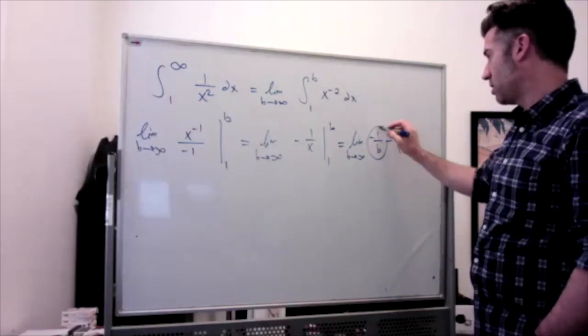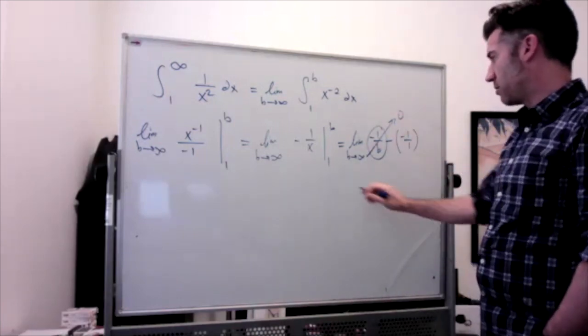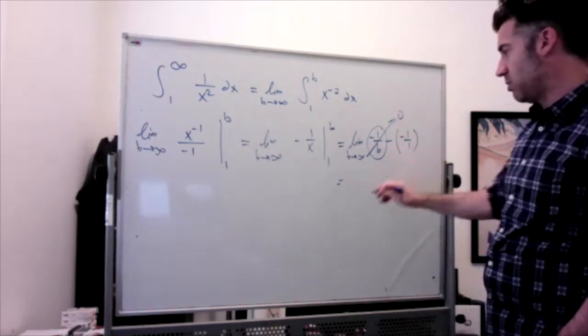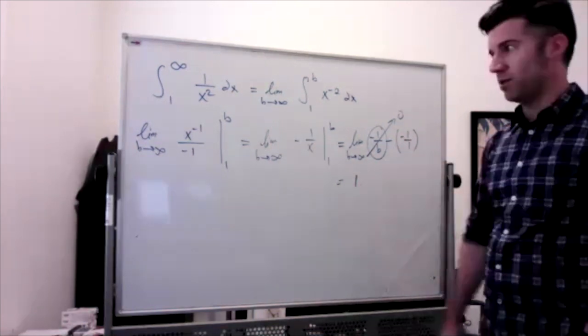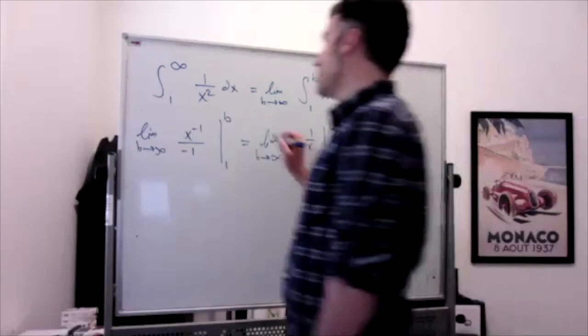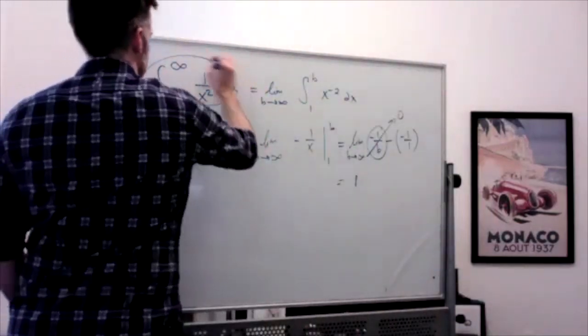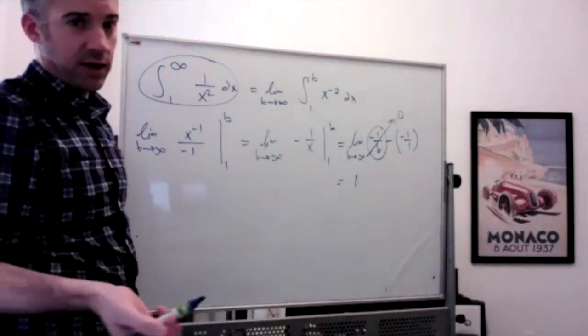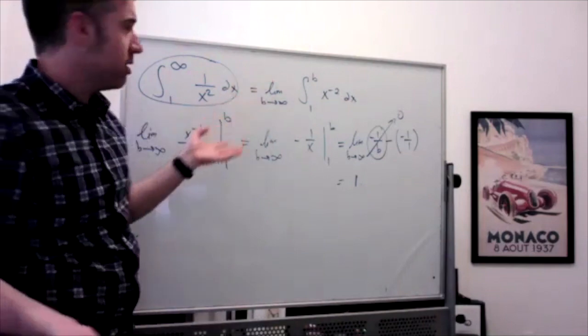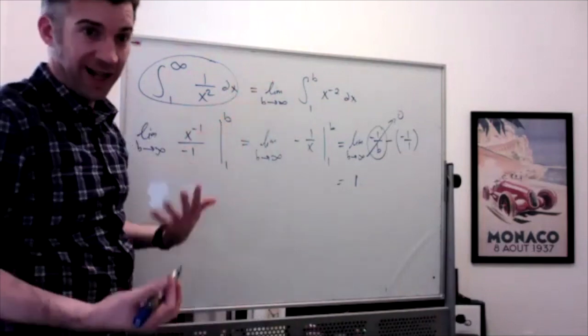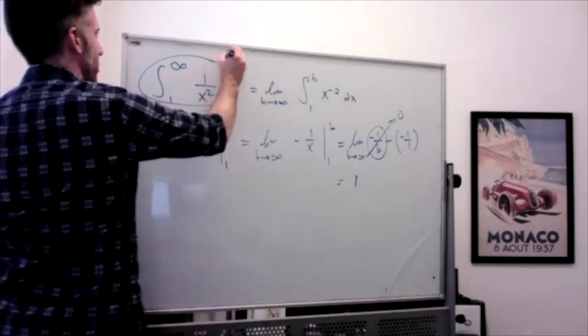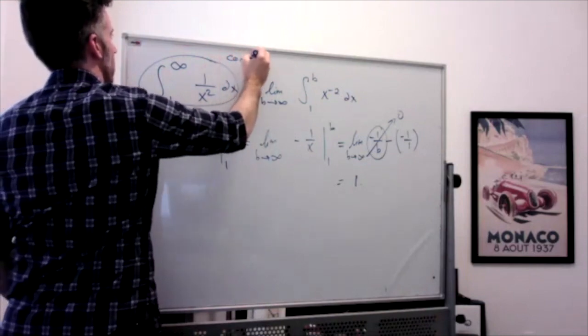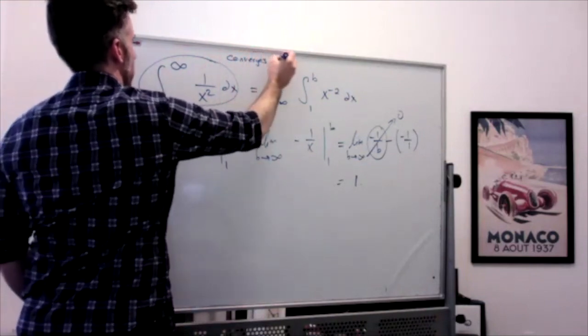So this part here is going to go to 0, and you're going to be left with 0 minus negative 1, which is 1. So since when you take the limit of the integral from 1 to whatever, it equals a real finite number, this integral is said to converge. And it converges to 1.